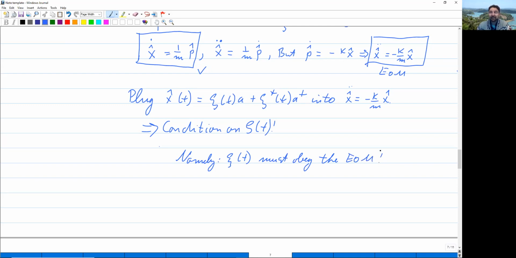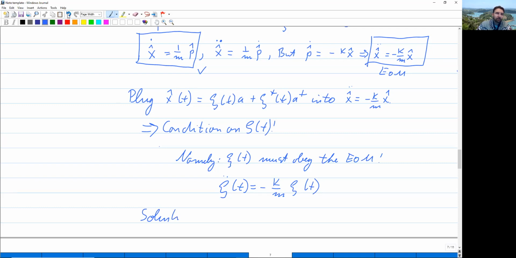That's because the A and the A dagger have no time dependence. So the psi must carry all the time dependence, and therefore we must have that psi double dot of t is equal to minus k over m psi of t.